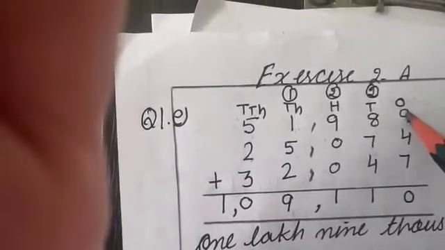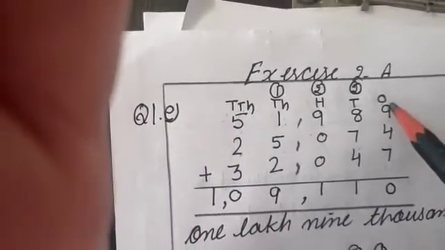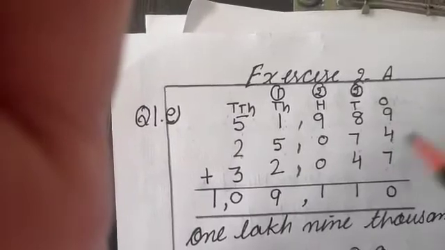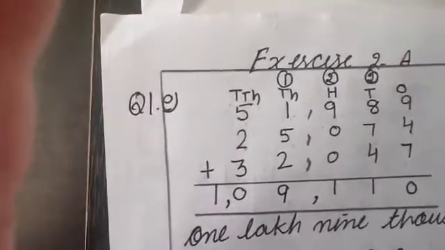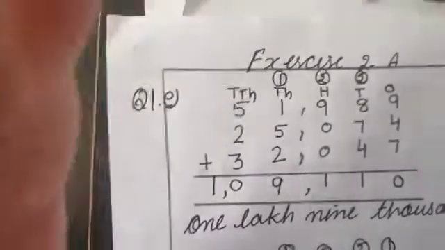Now what we will do, we mark their periods here. We separate them by commas and start addition. 9 plus 4. 9 keep in mind, 4 count on your fingers, it will be 13. Now 13 keep in your mind, 7 count on your fingers, it becomes 20.